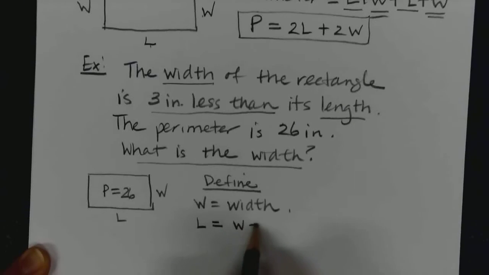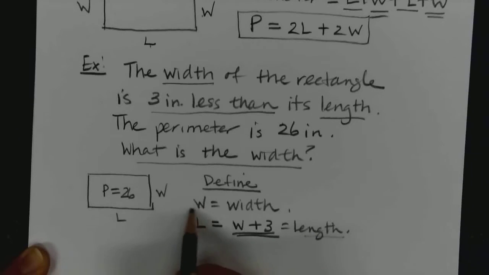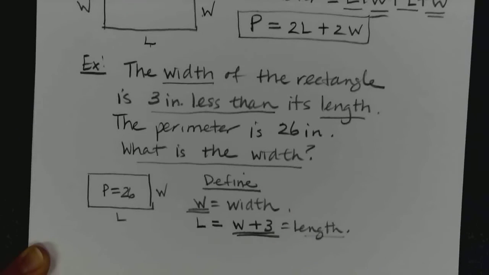So you would say W plus 3 will be your length. So W plus 3 is your length, and W is your width, because the width is 3 inches less than the length, so the length has to be 3 inches more. Does that make sense? Okay?